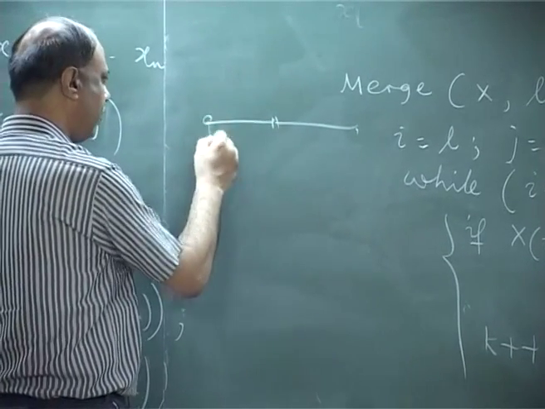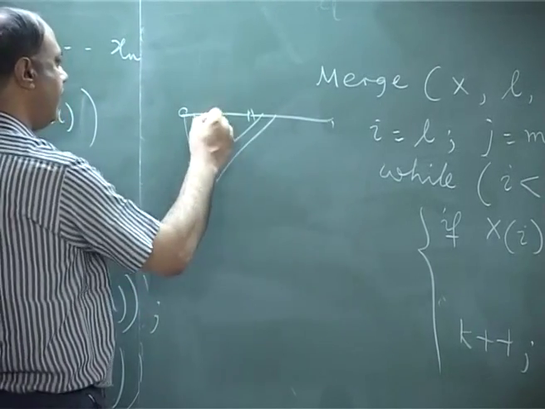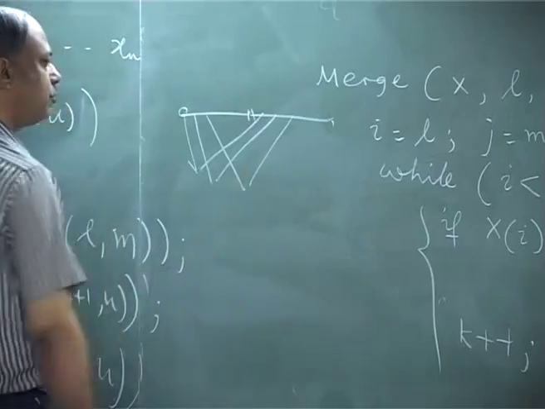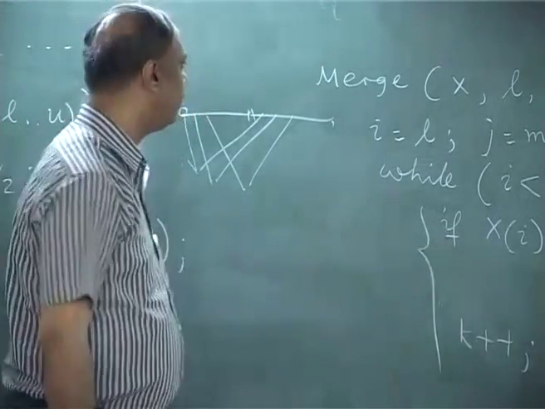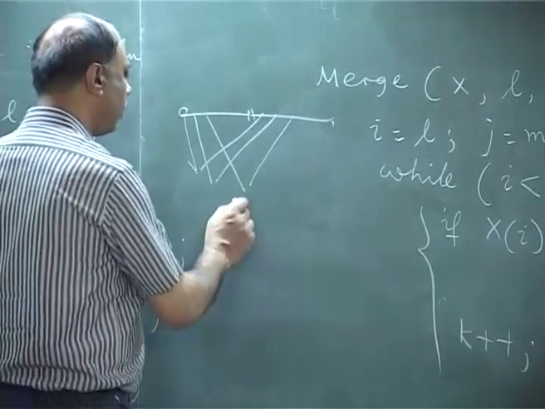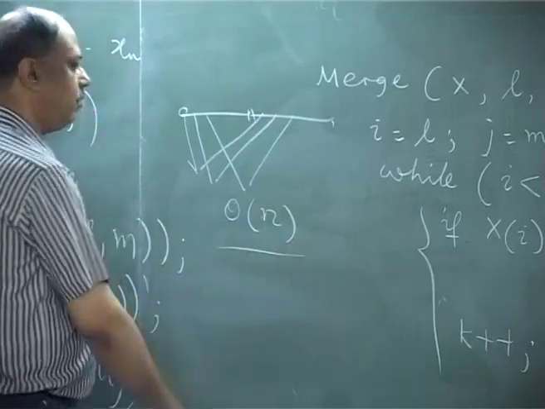You take one element here, then the next element, and so on. So that many comparisons, this loop will be compared every time, which will take order U minus L, basically order n.